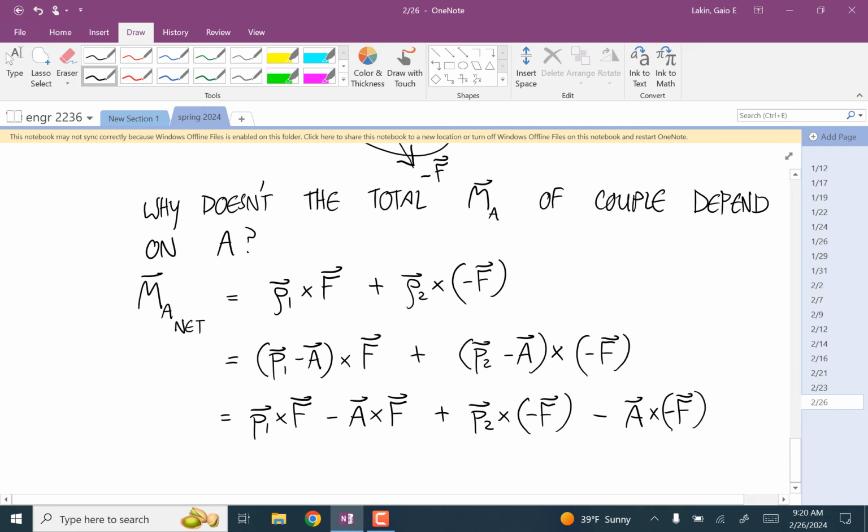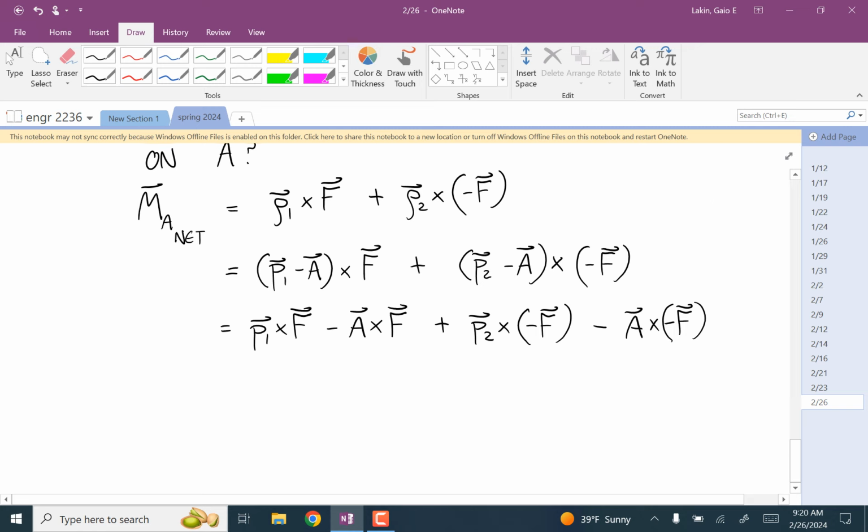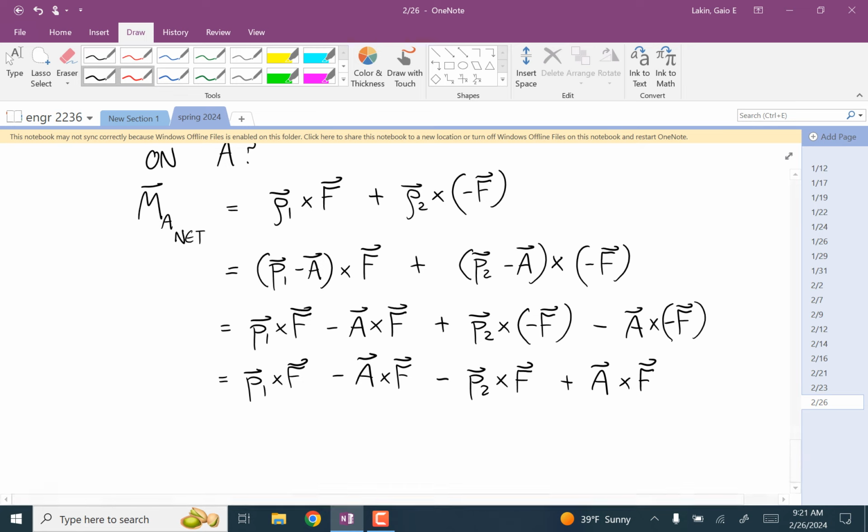And now you can pull the negatives from the negative F's out to the front, and you get P1 cross F minus A cross F minus P2 cross F. That's pulling out the negative sign, plus A cross F. And the only two terms that have A's in them cancel each other out.